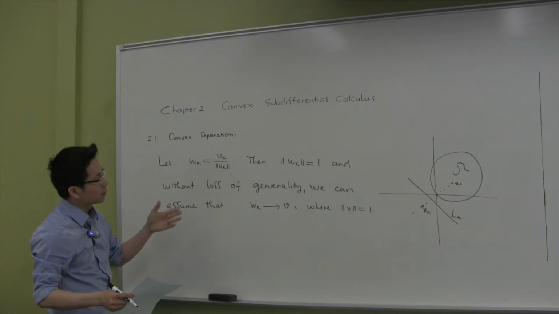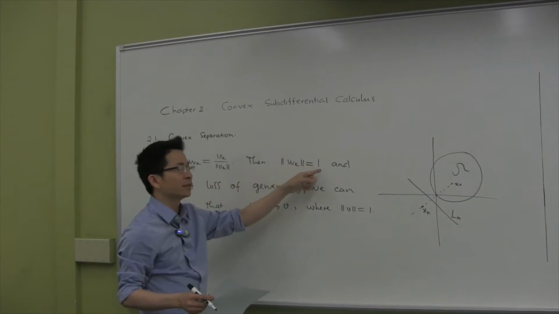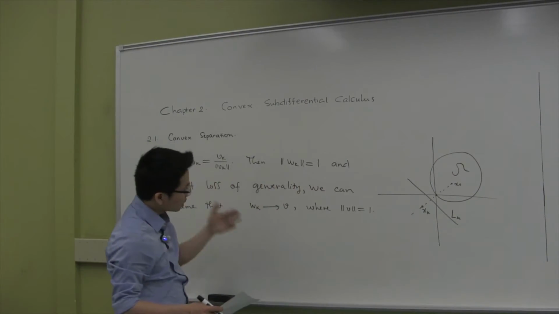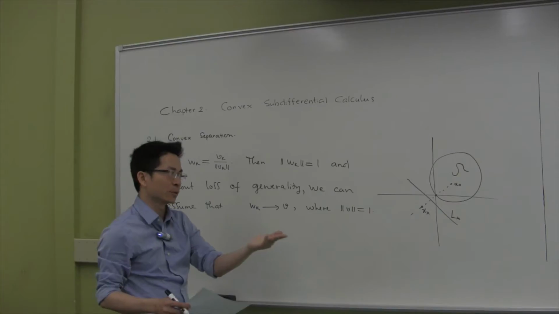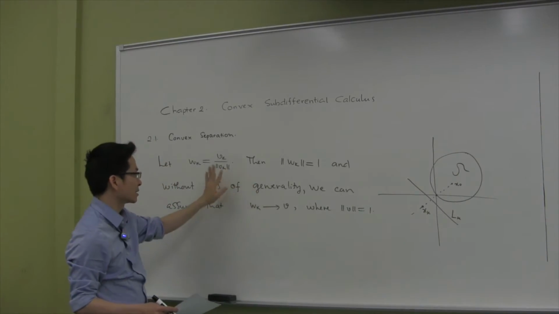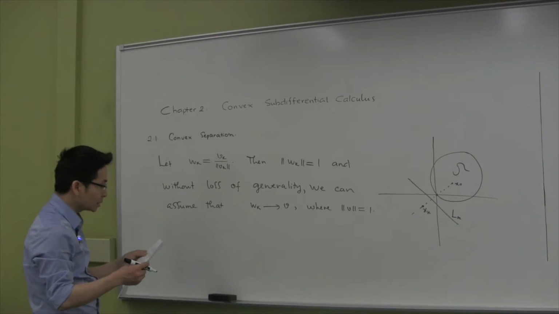So this is based on the fact that any bounded sequence in R^n has a convergent subsequence, and then we can work with that convergent subsequence. Without loss of generality, we can assume that subsequence is just W_k.